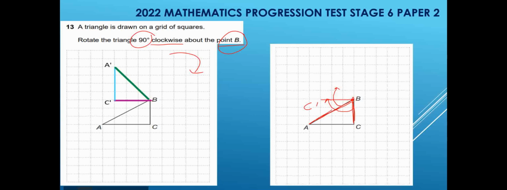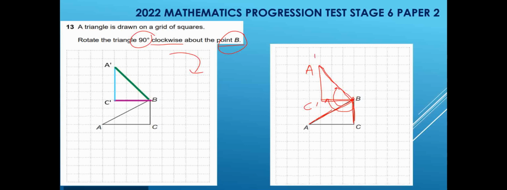So this line must be landing somewhere here. If you want to check 90°, you can use a ruler and a protractor. So this will be the point A prime. And what we have to do is connect the triangle. That will be our triangle. So this is rotation 90° clockwise about point B. You may also use transparent paper to rotate if it's easier for you.